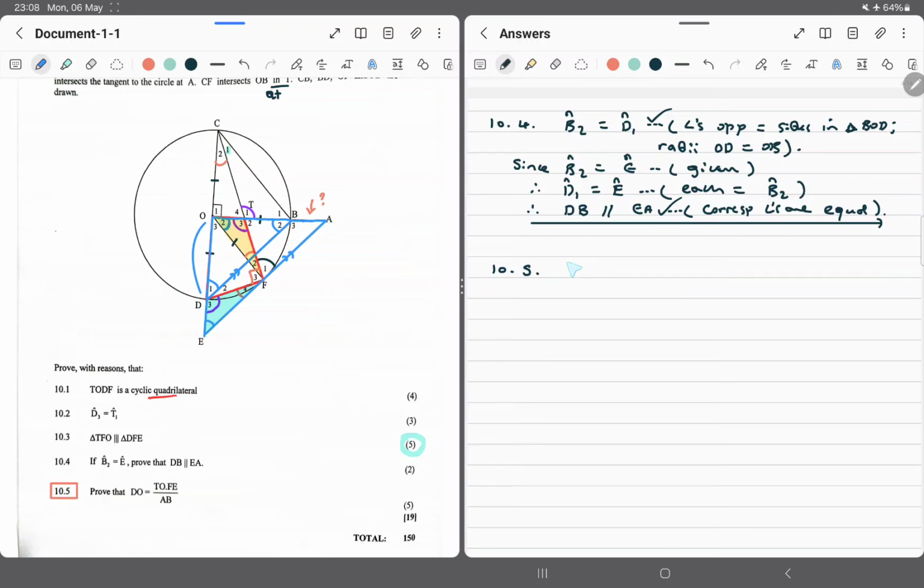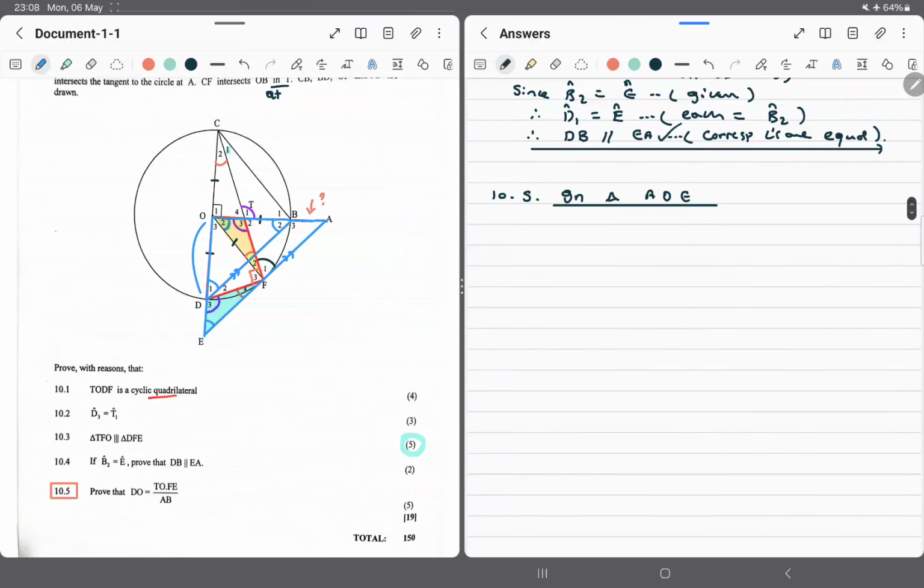So we know that, well, in triangle AOE, we can say here that DO over DE, because we want BA or AB, it will be OB over AB as they wrote it, but the best would have been BA.